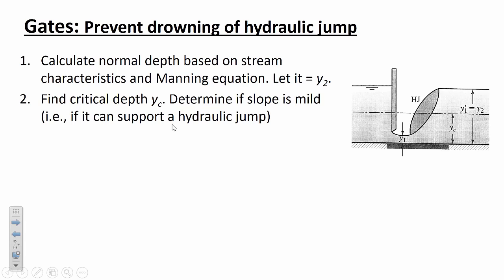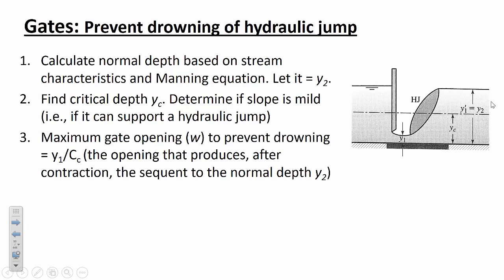And by supported, what I mean is you can't have a subcritical depth if the channel is too steep, or if the Y2 is greater than the critical depth, then that means there will be a hydraulic jump that can be supported.